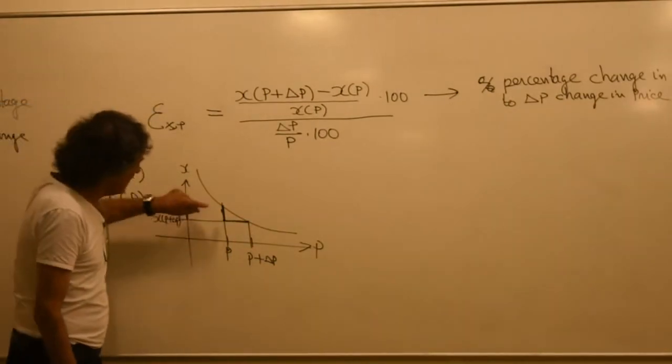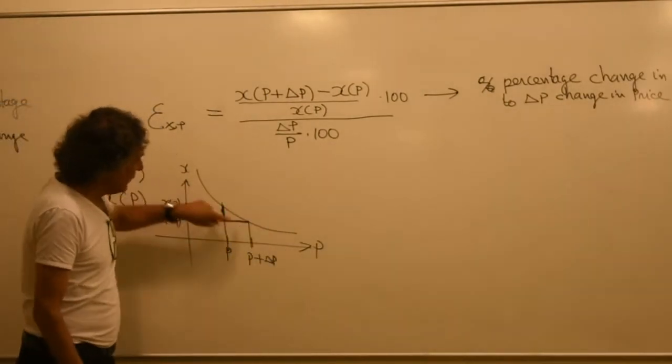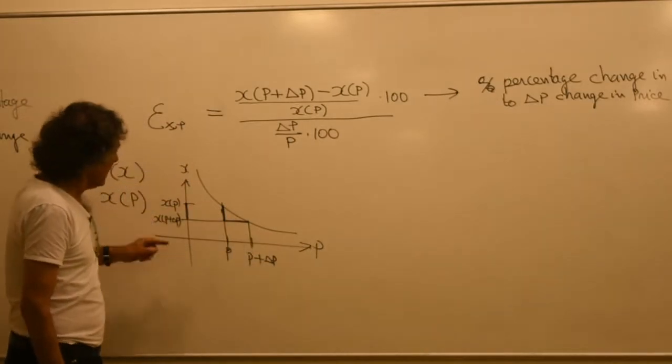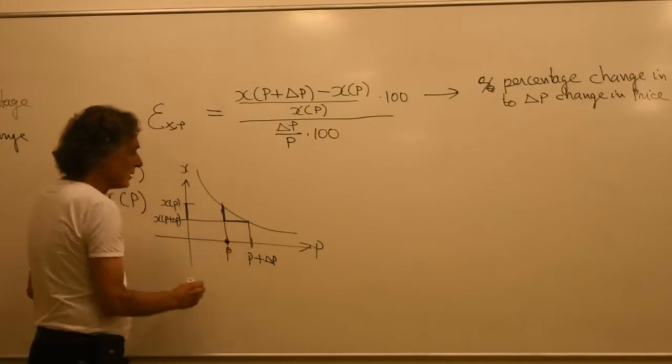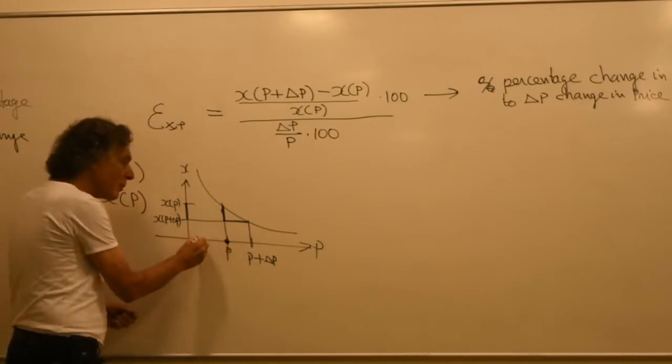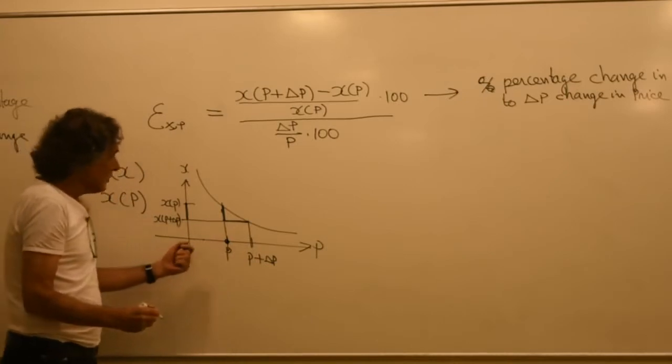However, this will be the slope of the demand, and I'm interested in percentage terms. So I started with this point, and by the way, if I start at this point, it will be completely different.